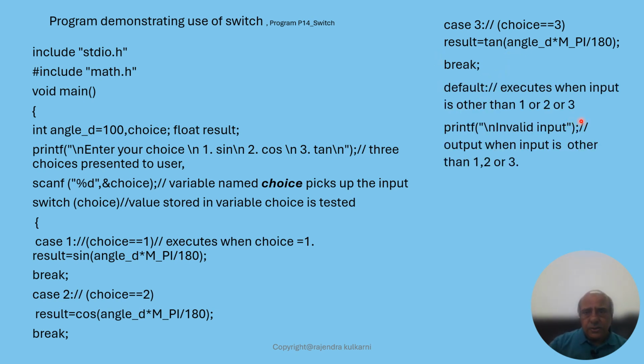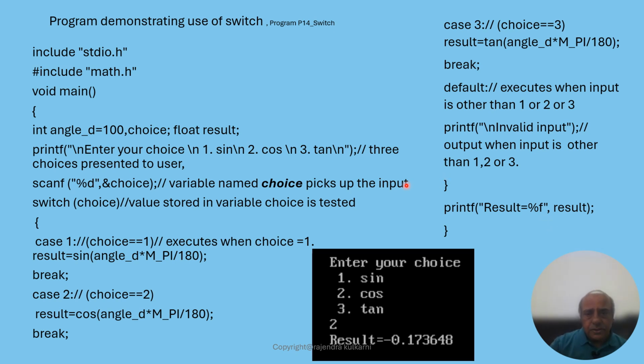Then default: if 1 or 2 or 3 is not the input, then default will get executed. It will give printf invalid input as our output. Closing brace of switch, then printf result is equal to %f, and closing brace of main.